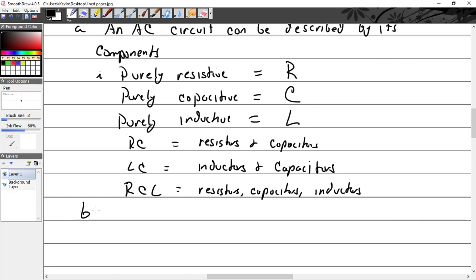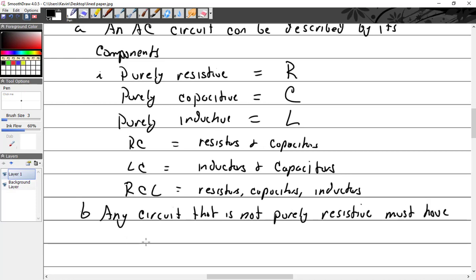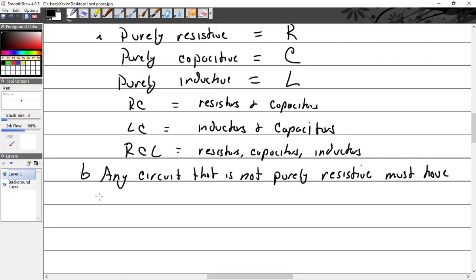All right, but any circuit that is not purely resistive, means it has an inductor or a capacitor or both, must have total opposition to current flow, represented as impedance.